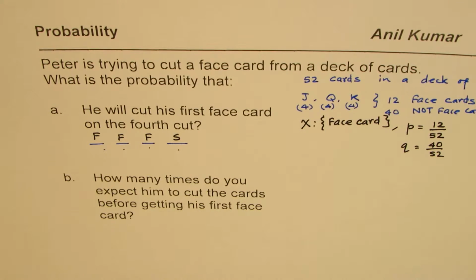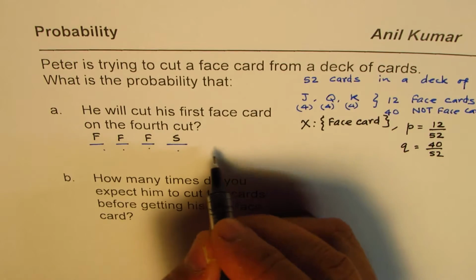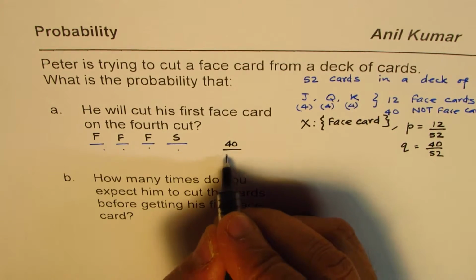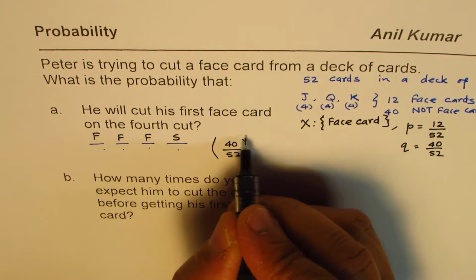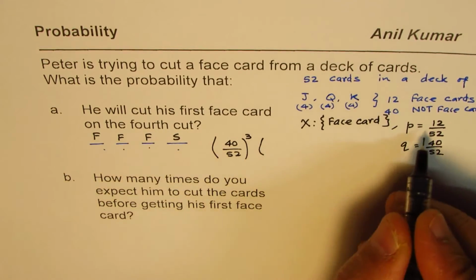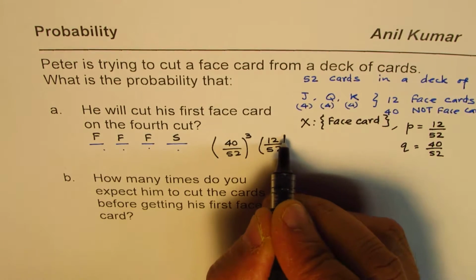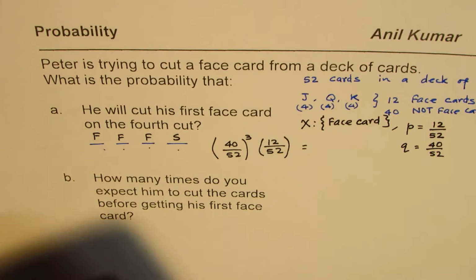That is how you can see this question, and therefore we can directly get a probability. The answer should be 40 over 52, which is q, cubed, followed by a success, which is 12 over 52. So that is your answer. Let's calculate this answer.